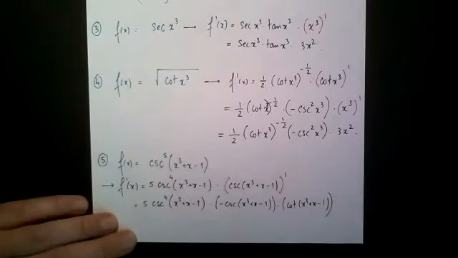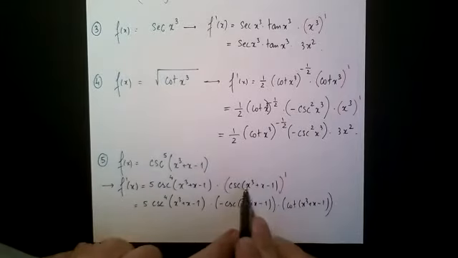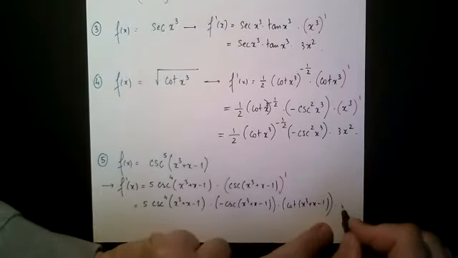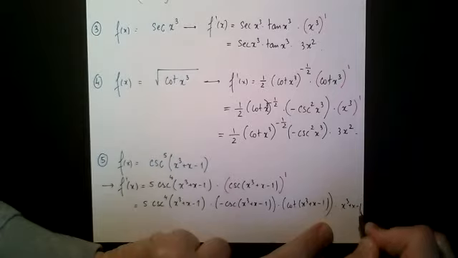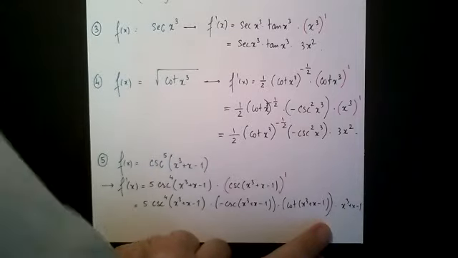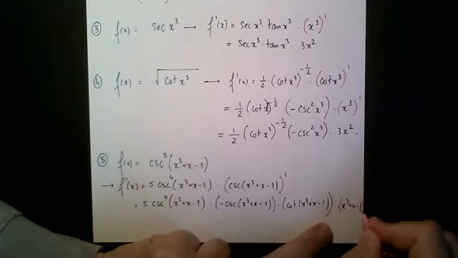Is that okay? And times the derivative of what's inside. So times x^3 plus x minus 1, prime.